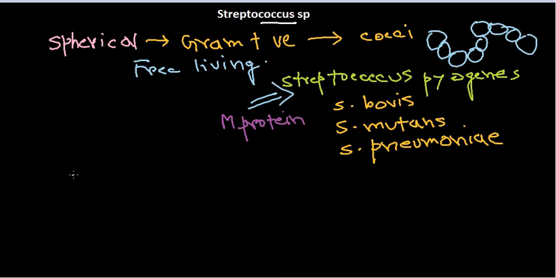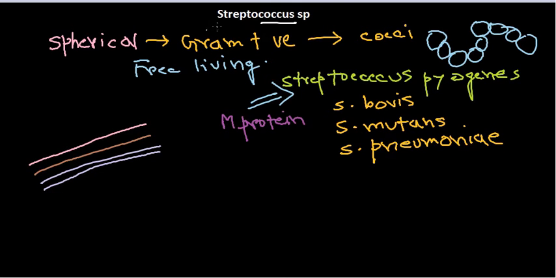So it has a cell wall, and let me draw the cell membrane first. If this is the cell membrane, for example, now let's draw the cell wall, and let's take this color. This is the cell wall, and outside the cell wall there is a capsule, here we go, the capsule. And throughout this place, let me draw, this is the M protein, for example.